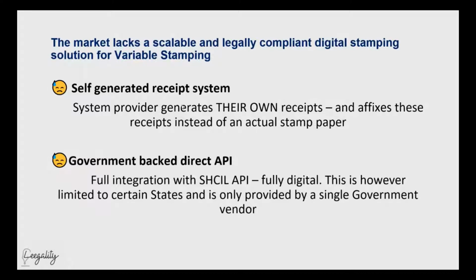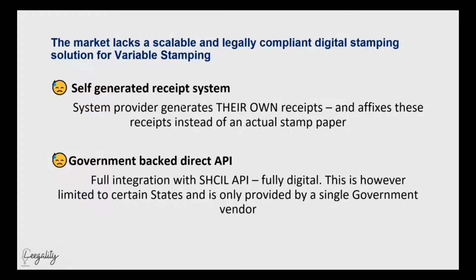They generate their own receipts and affix these receipts instead of an actual stamp paper on agreements for purportedly digital journeys. The second is a government-backed direct API, where there's a full integration with SHCIL API and a fully digital process. This, however, is currently limited to certain states and is only provided by a single government vendor.